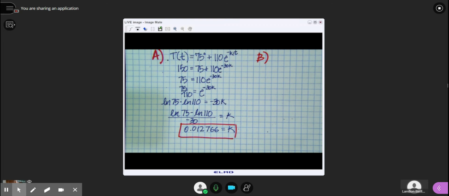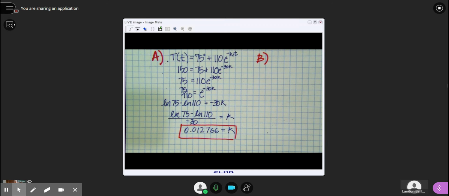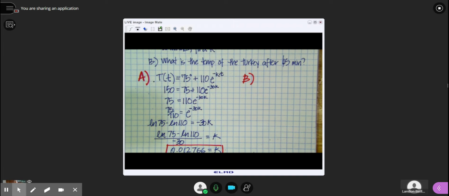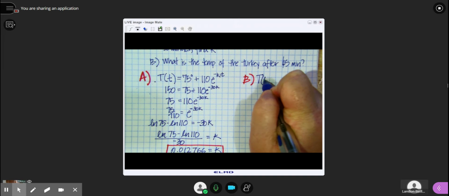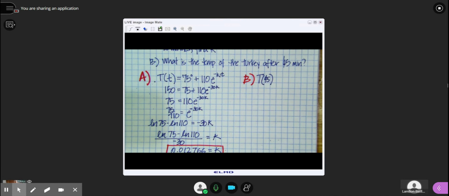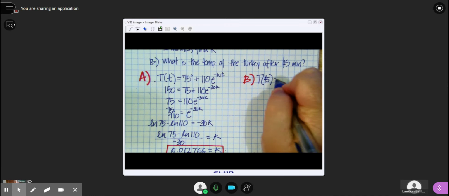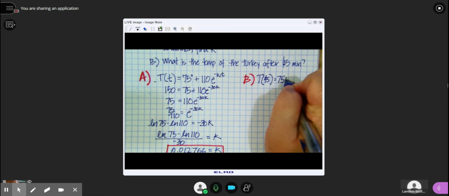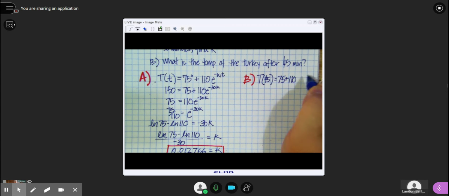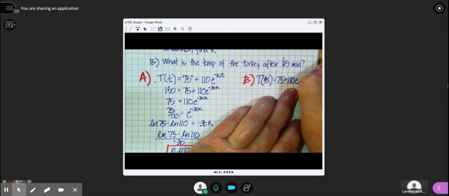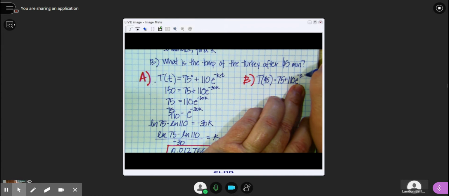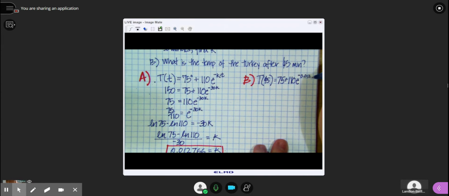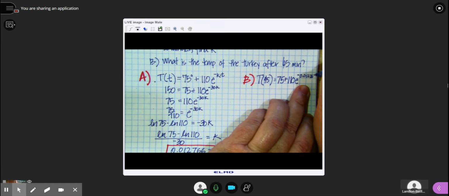And then part B says, what is the temperature of the turkey after 45 minutes? So that's just taking the temperature at 45: 75 plus 110 e to the negative 0.01276 times 45.